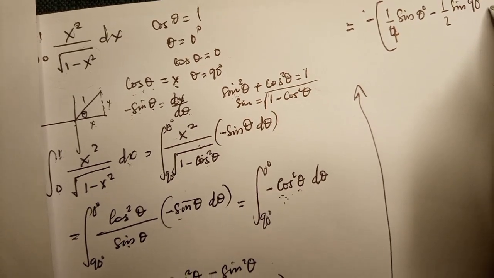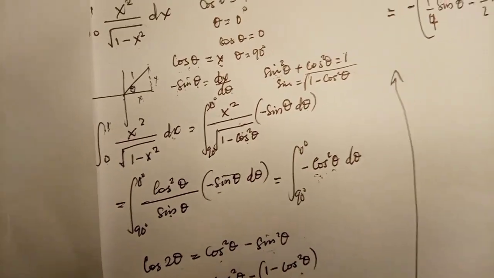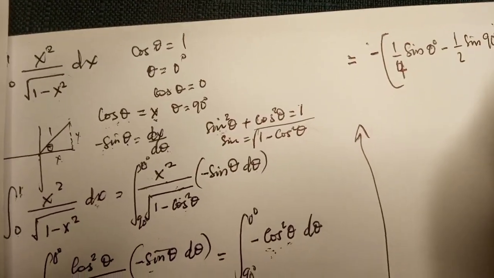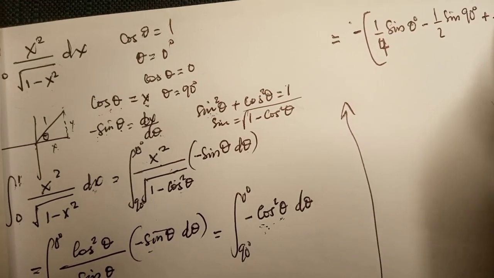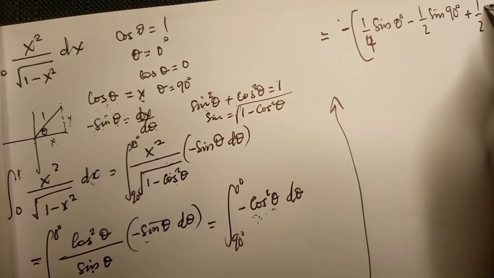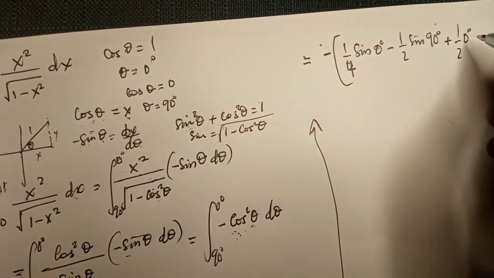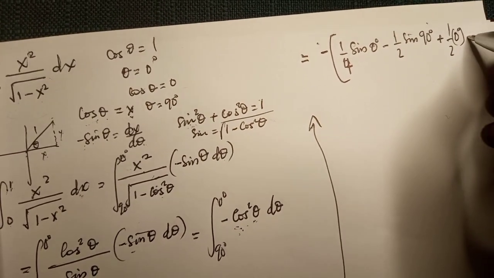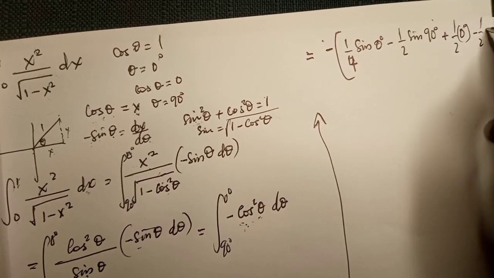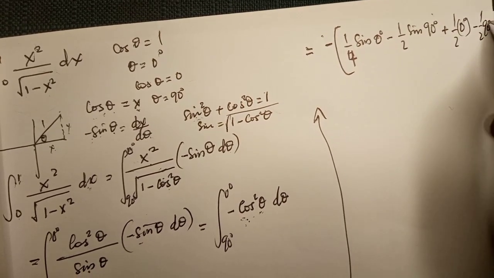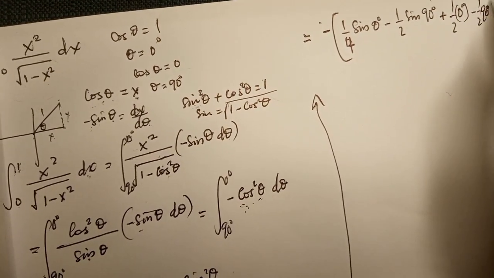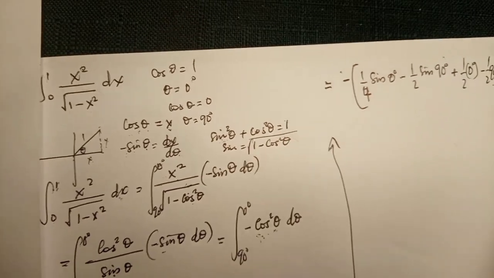Then we do the same thing for the half, so plus half theta, plus half of the same thing, 90 degrees, so it will be 0 degrees. Then minus half of 90 degrees, and we close.